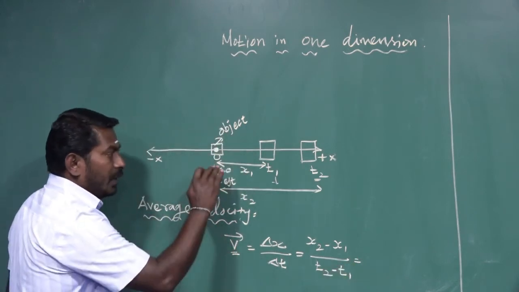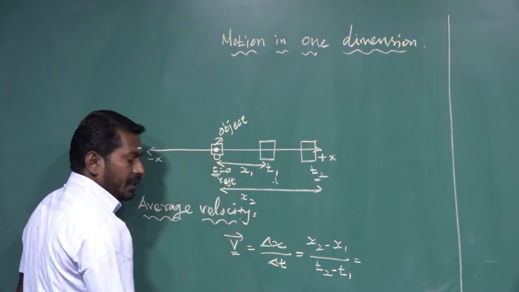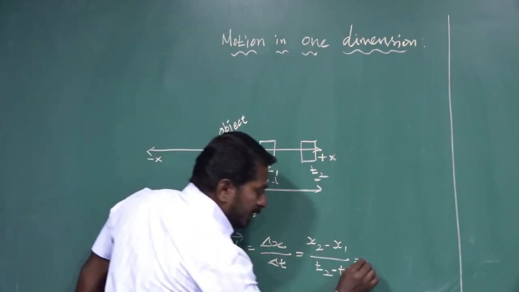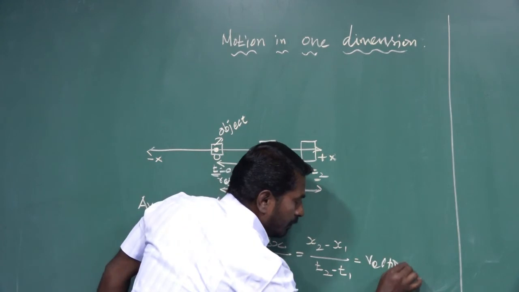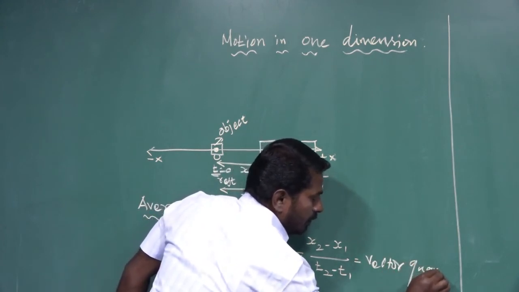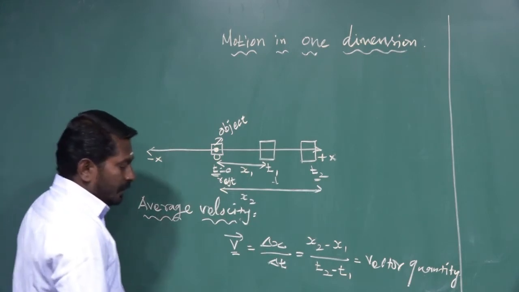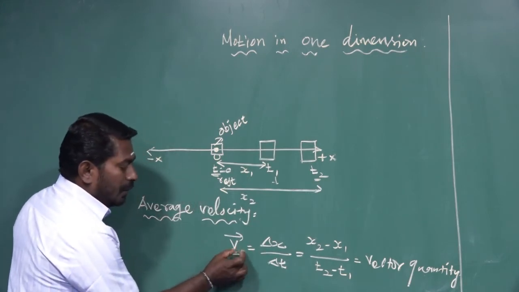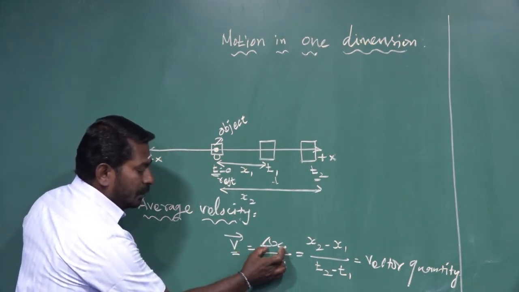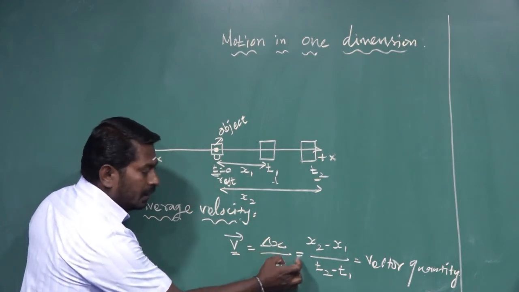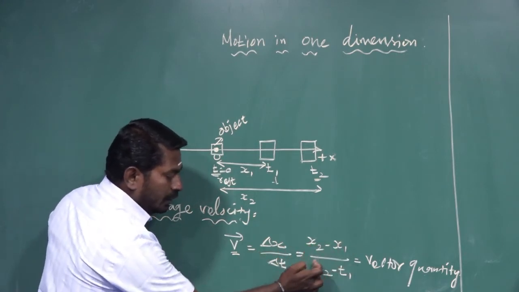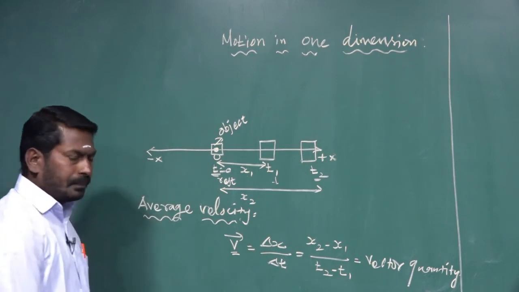Average velocity of your body along a straight line is a vector quantity. So, average velocity of your body is equal to change in displacement divided by change in time interval, which is equal to x2 minus x1 divided by t2 minus t1.